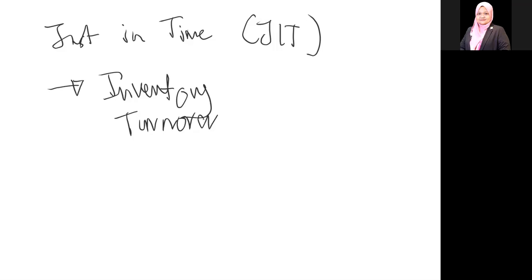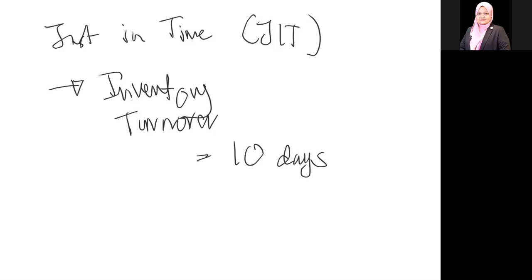For example, if inventory will be sold out in about 10 days, you have to make sure that the new inventory comes in at day 9, meaning a day before it finishes, so that your store will not fill up with a lot of unsold product. So that's why just in time is very effective.